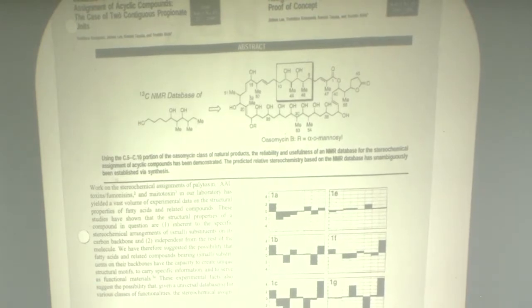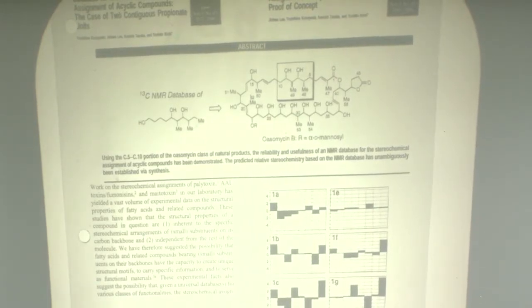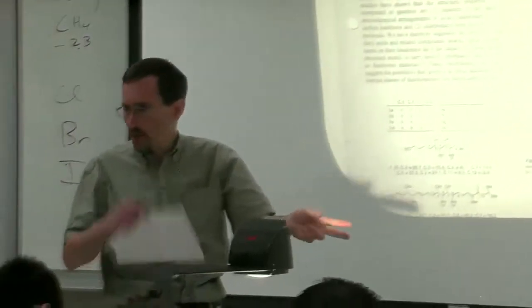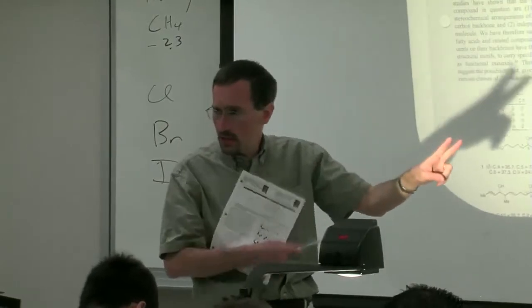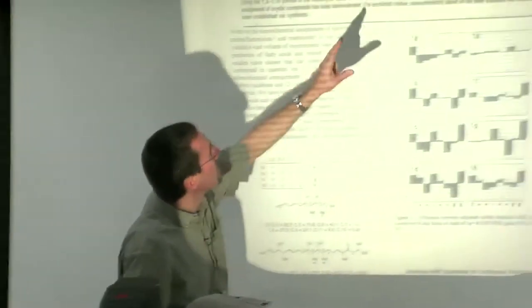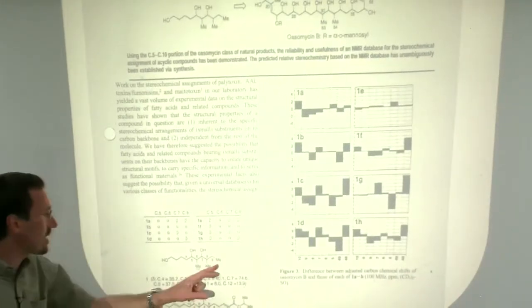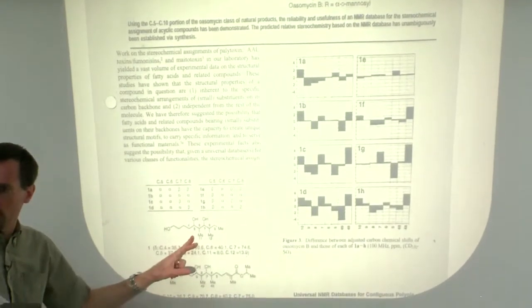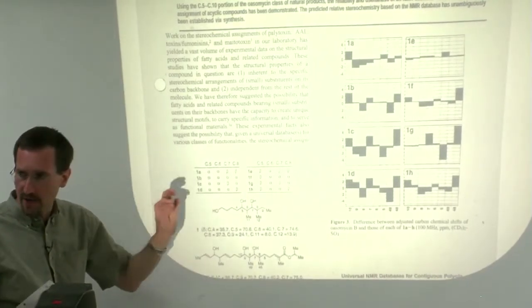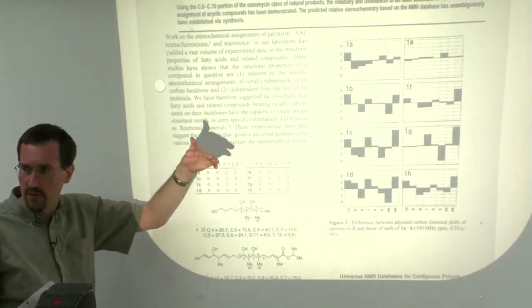And so what they did was make a training set of all the possible stereoisomers. So they made ones in which they were all syn, in which one is anti, in which two are anti in different positions, and so forth. And they found that each carbon in the training set had an average chemical shift at a certain position.